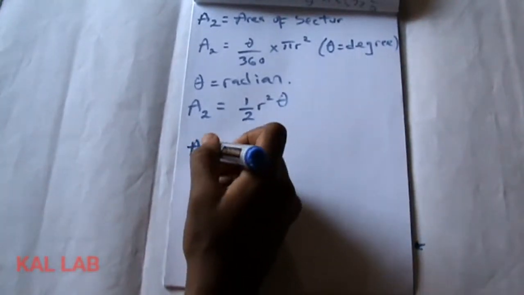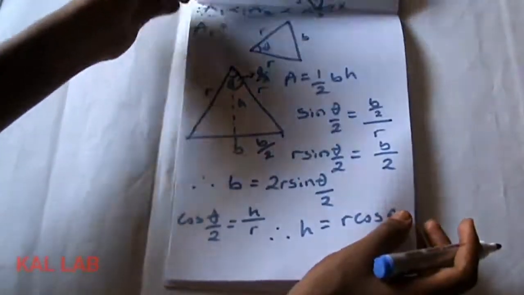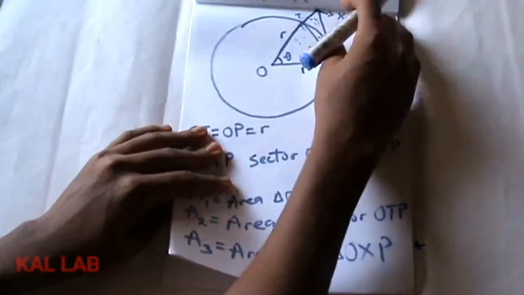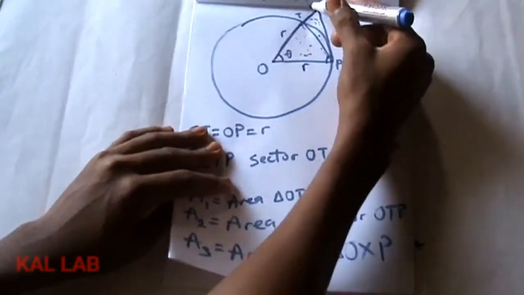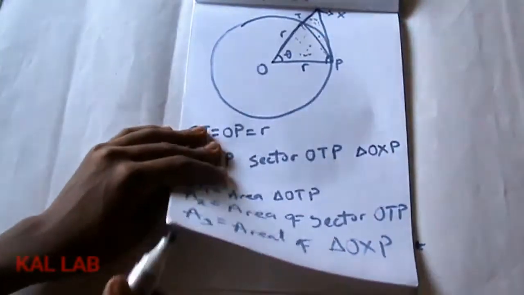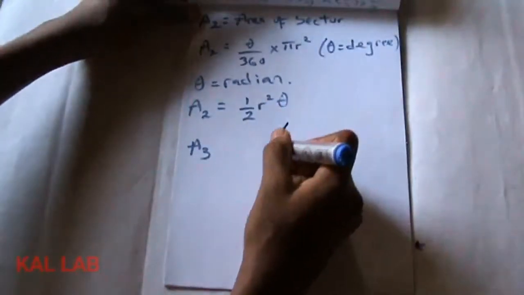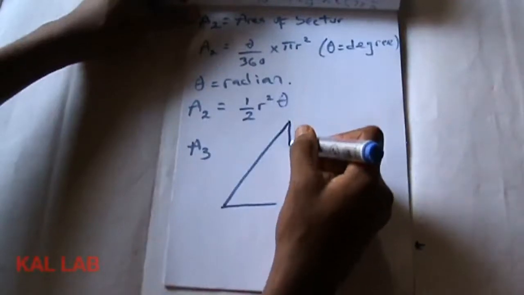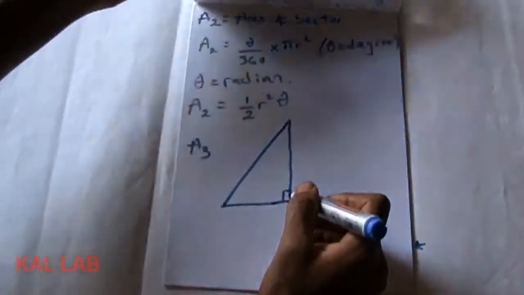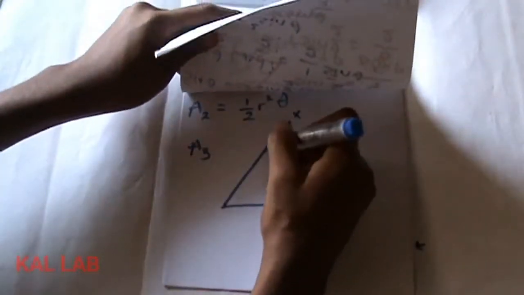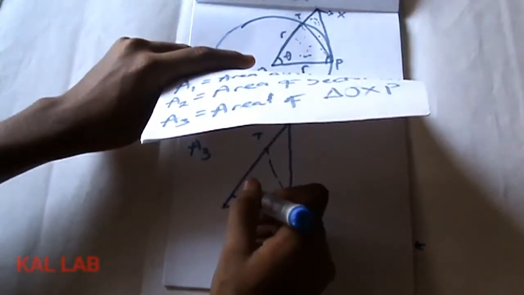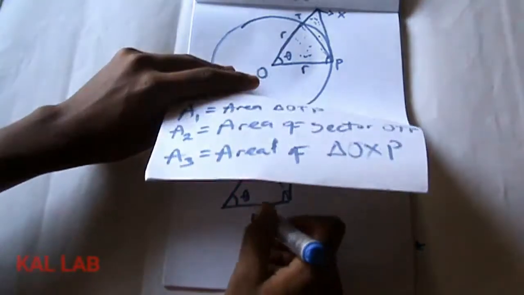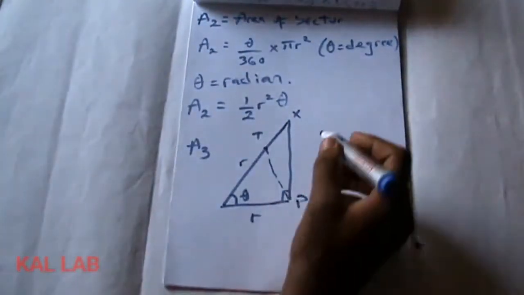Now let's go to our A3. From this diagram, our A3 is the large triangle outside. So our A3 is a right angle triangle with x here, t at this point, theta here, r here, and p here.